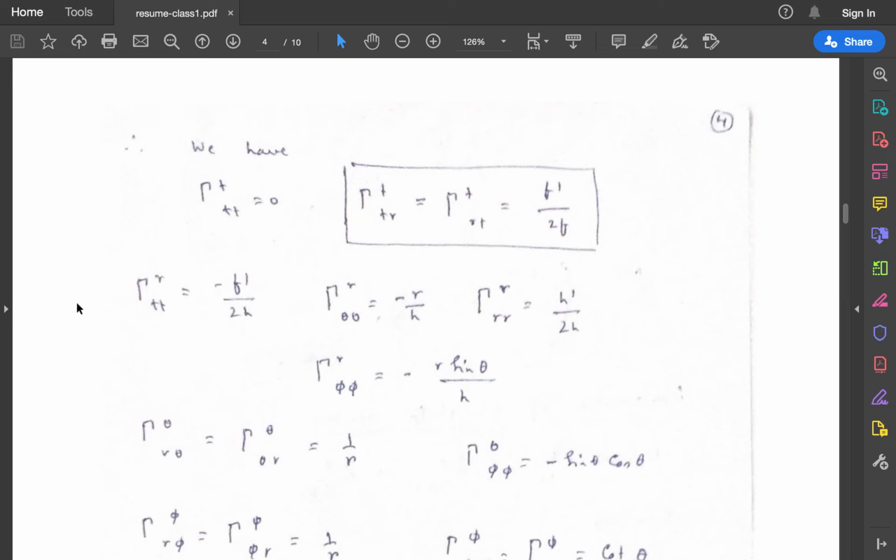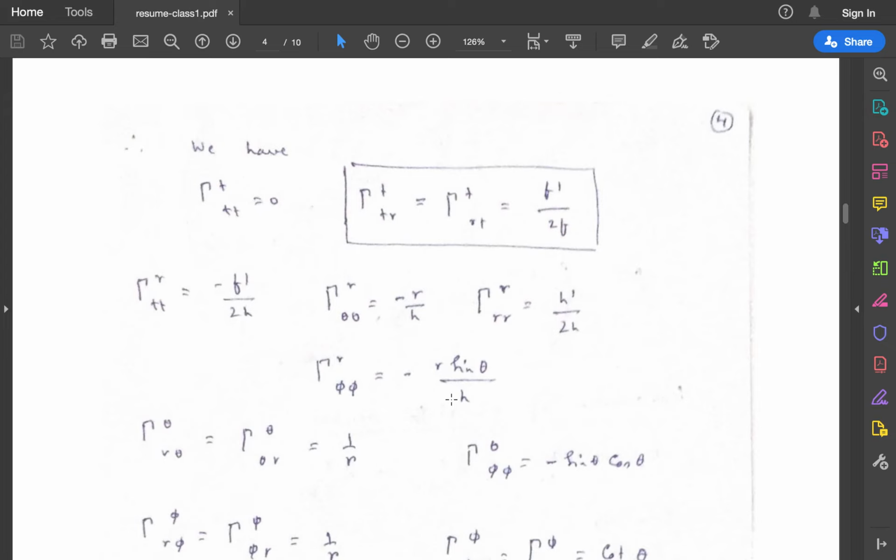Next, we will also need gamma^r_tt. I am only writing the non-vanishing terms from now on, which will be minus f dash by twice h. Gamma^r_θθ will be minus r by h, gamma^r_rr will be h dash by twice of h, and gamma^r_φφ will be minus r sine theta by h.